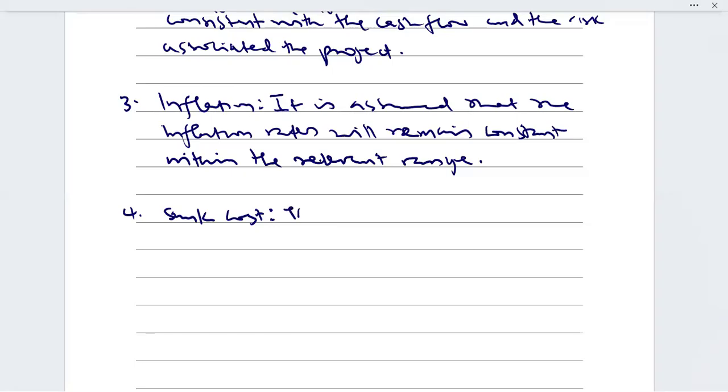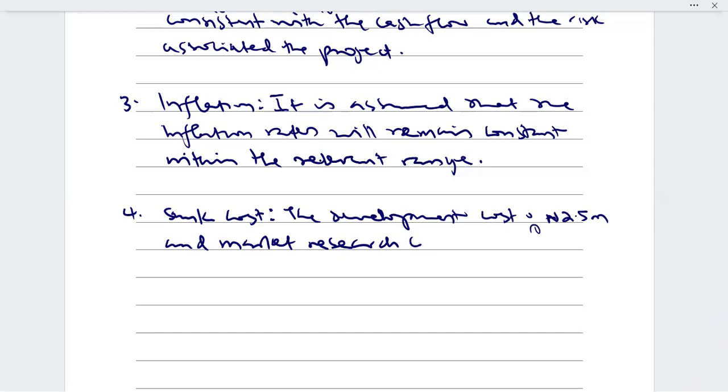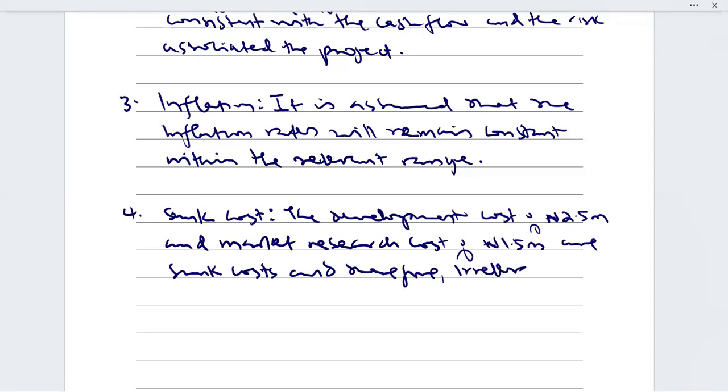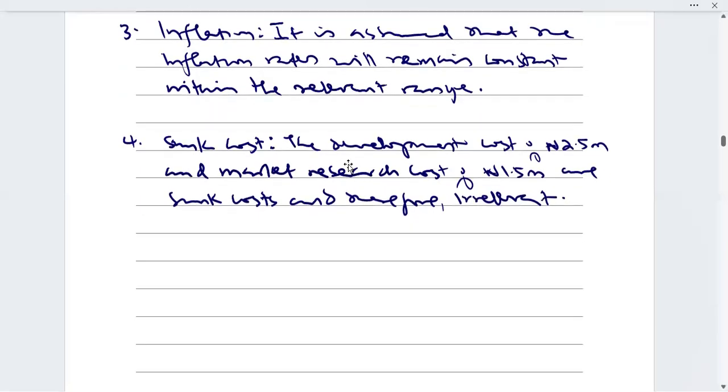You can then say the development costs of 2.5 million and market research costs of 1.5 million naira are sunk costs and therefore irrelevant to the calculation. That is related to the first question.